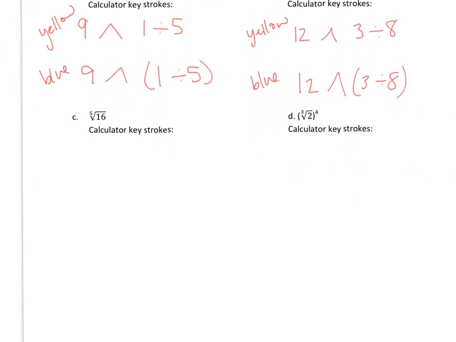Okay, so to get this fifth root on your yellow calculator, you're going to hit the number 5, and then you're going to hit math, and you're going to go to the fifth option. And then you should see what looks like the fifth root pop up, and then you would type in 16.